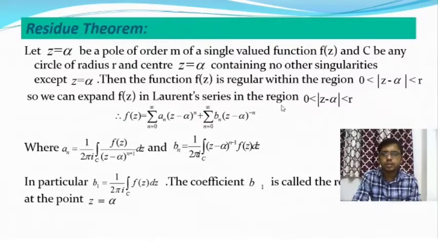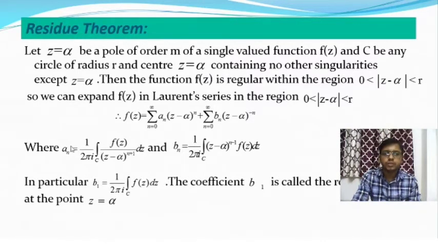This is the annular region of the circle C. Therefore f of z equals the summation over n equals 0 to infinity of a_n into (z minus alpha) to the power n, plus the summation over n equals 1 to infinity of b_n into (z minus alpha) to the power minus n. This is called the Laurent series expansion.